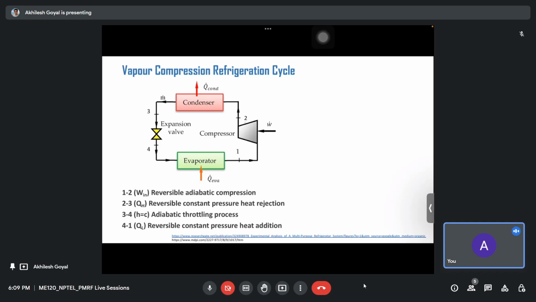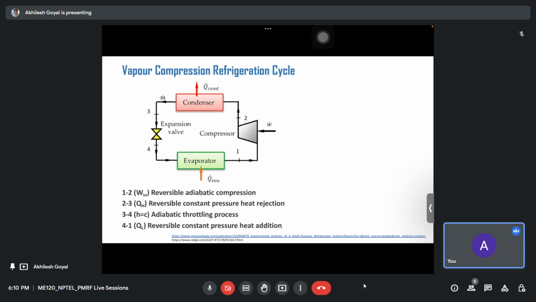The reversible adiabatic compression that goes from 1 to 2. In the case of power cycle, it was the turbine where the reversible adiabatic expansion was happening. Similarly, the second process from point 2 to 3 is reversible constant pressure heat rejection. In the case of power cycle, it was constant pressure heat addition.